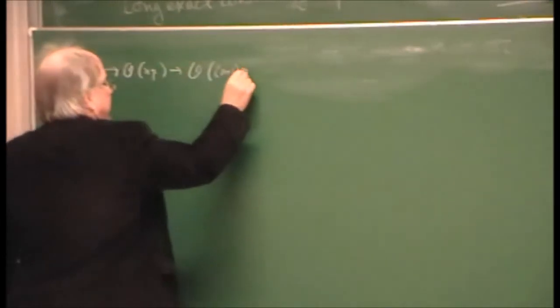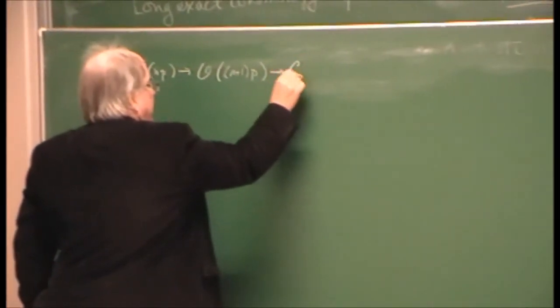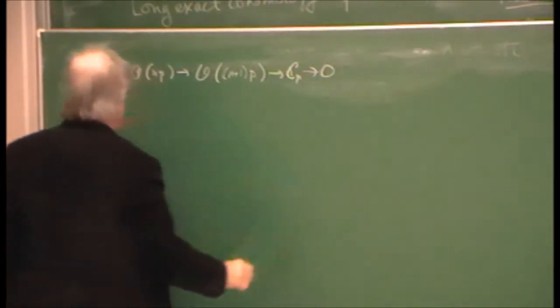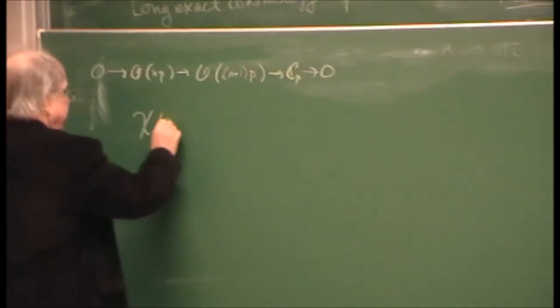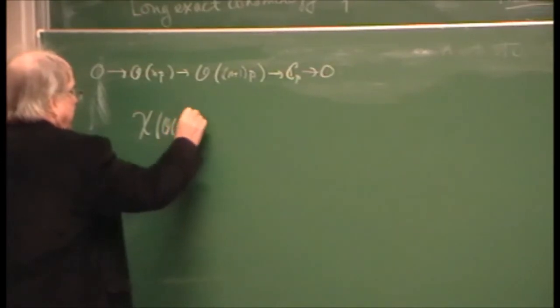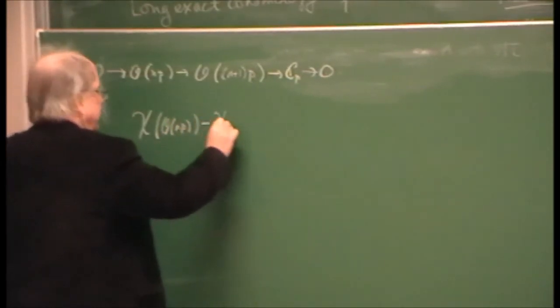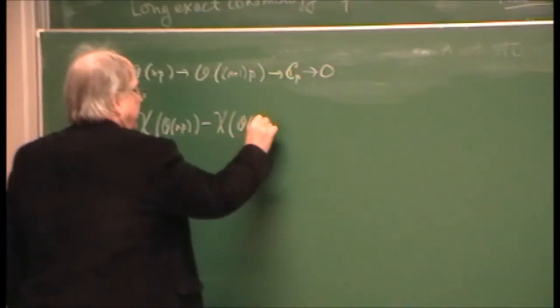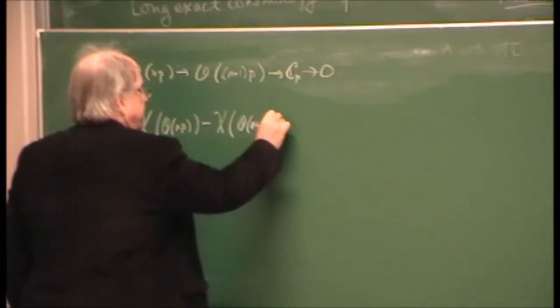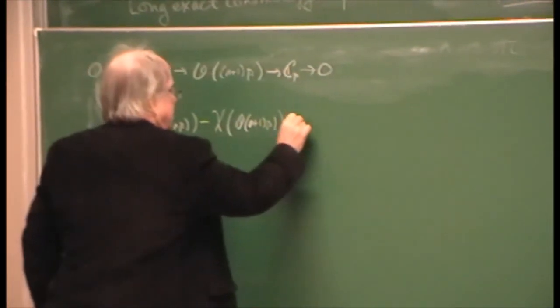Okay, so we have the short exact sequence. I'm going to repeat this for the third time today. I'm sorry. We can start here. I have the Euler characteristic of this sheaf minus the Euler characteristic of this sheaf, plus the Euler number of this sheaf.